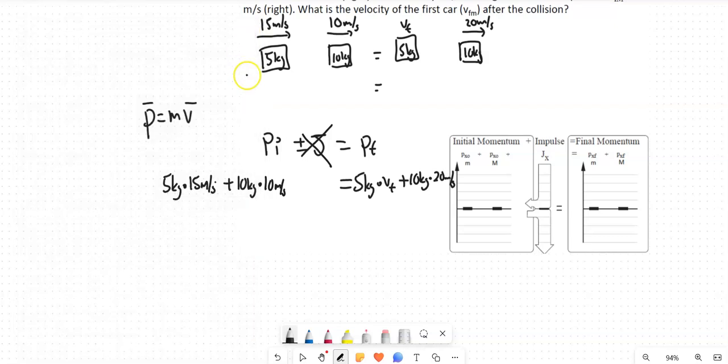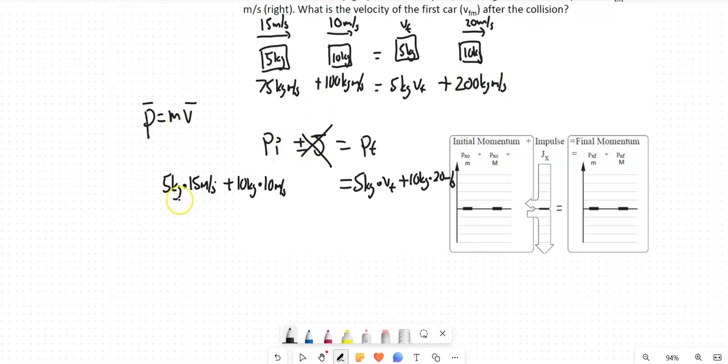So that's 75 kilogram meter per second, and this is plus 100 kilogram meter per second. That's going to equal 5 kilograms V final plus 200 kilogram meter per second.